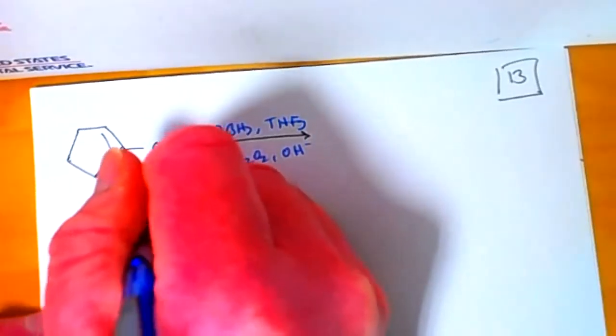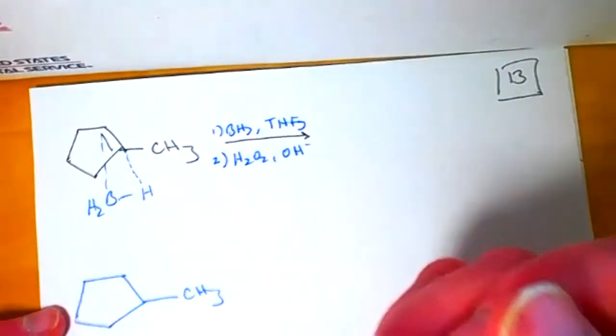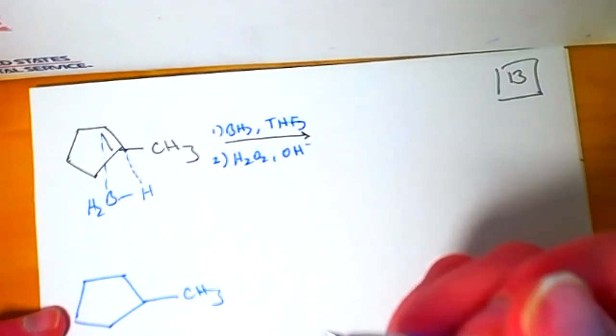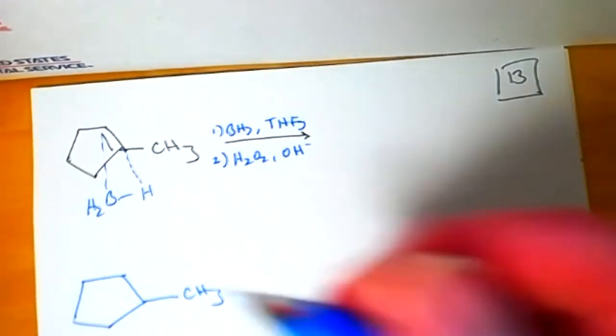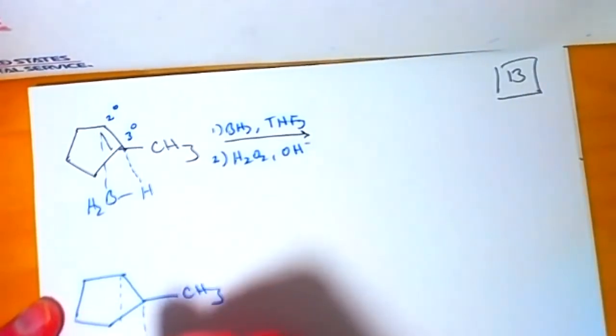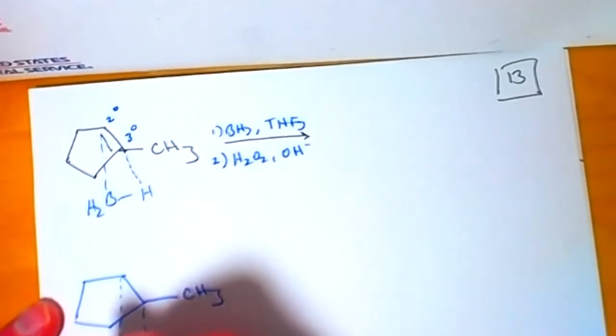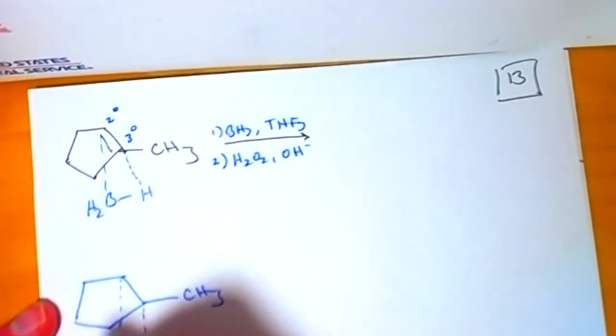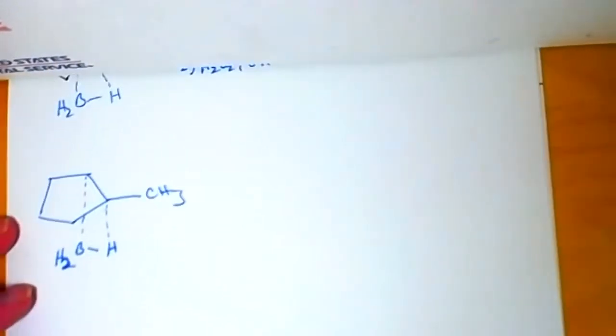And so, meaning that if it was to come in from the bottom face, and again, this is a tertiary substituted alkene, this is the secondary one, so you would expect the hydrogen to be here and the boron to be here.